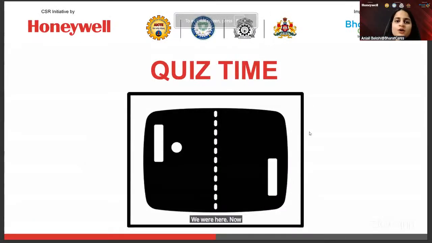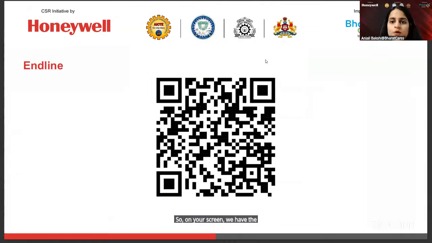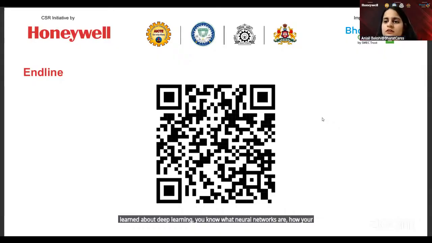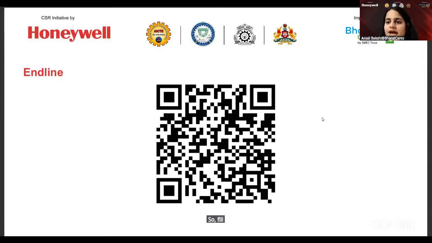Now, the last thing of our session is the last quiz, the last activity. On your screen, we have the QR code. Scan the QR code and fill out the form so that I know that you have learned about deep learning, what neural networks are, and how your brain is functioning. Once done, mention done in the chat. Everyone, scan the QR code.